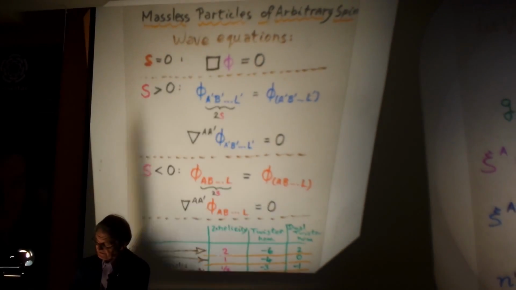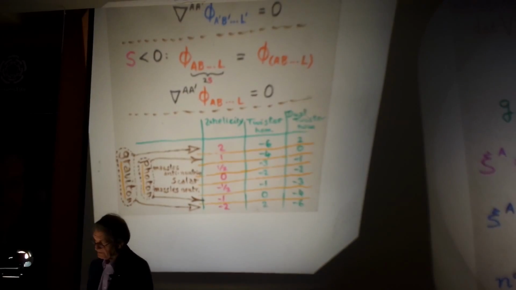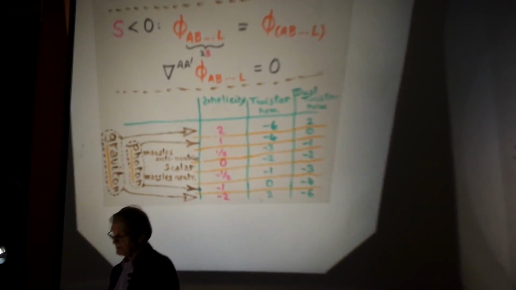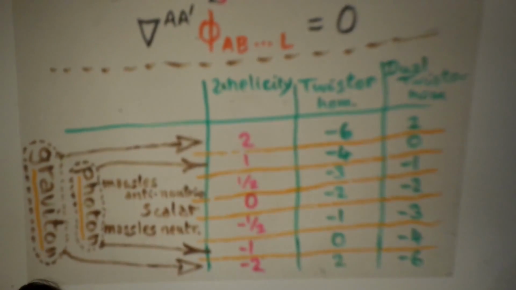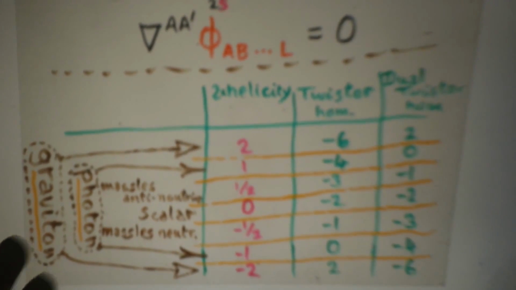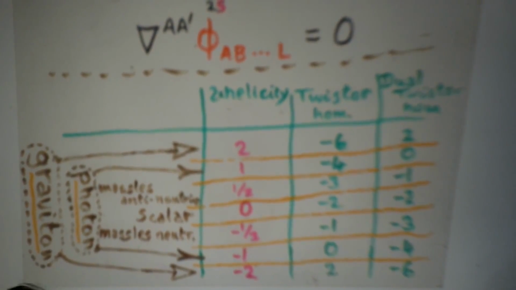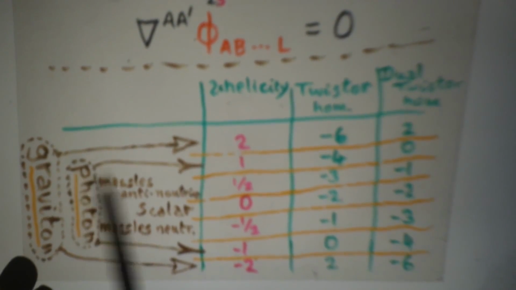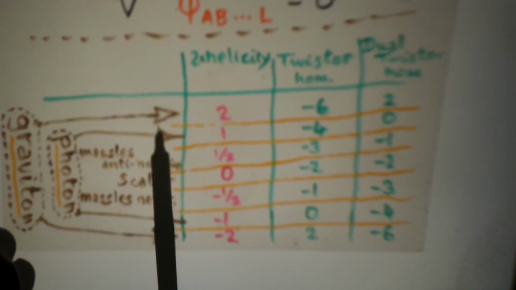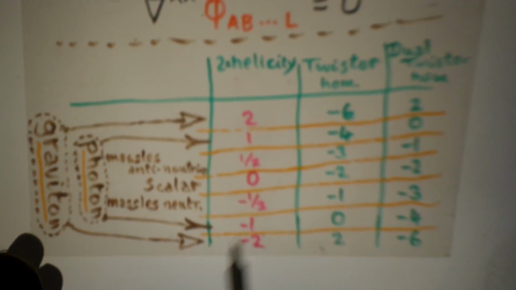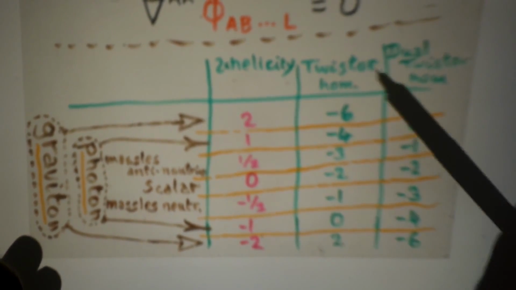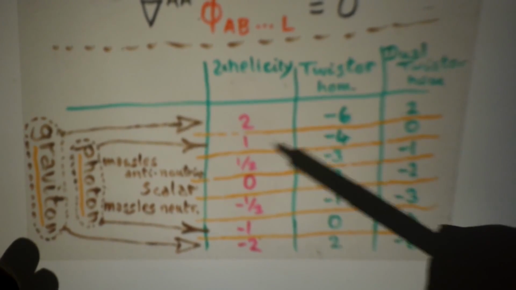For spin 0 you have the wave equation, and then the Twistor wave function is a holomorphic function of homogeneity degree as given in this thing here. It's minus 2s minus 2, so that for massless particles of spin 1, say the photon, you've got plus 1 and minus 1 as the two values of s, and in the Twistor description you have either minus 4 homogeneity or 0 homogeneity for the Twistor function.